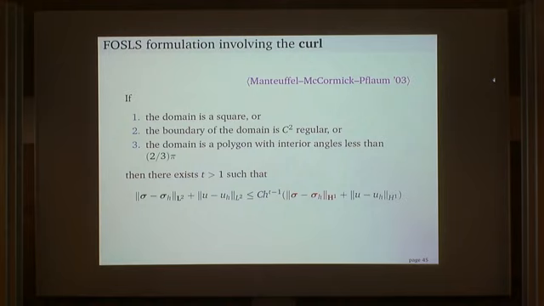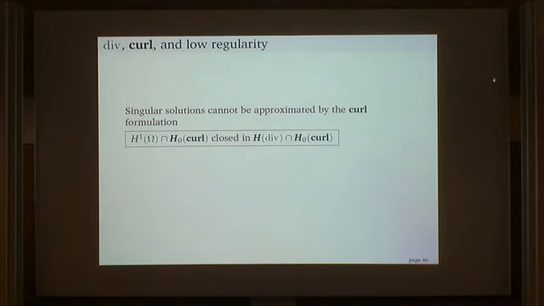Just a quick counterexample about the formulation involving the curl. I anticipated that this could cause some problem, and this was actually already observed by Ragnar in his talk last week. The space H1 is a closed subset of the intersection of H div with H curl.